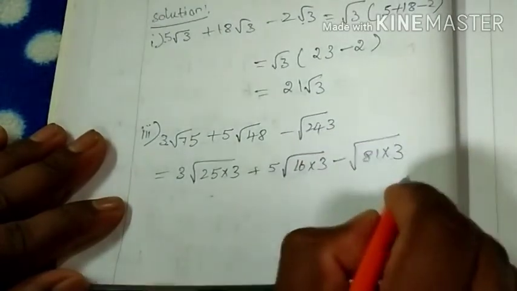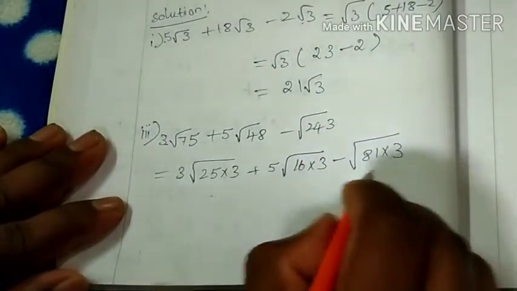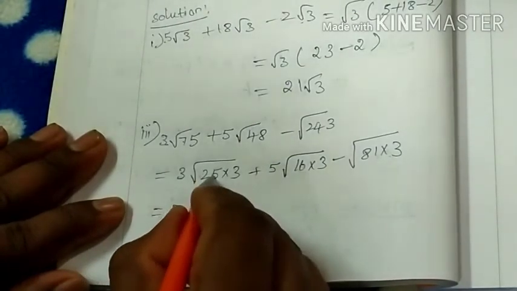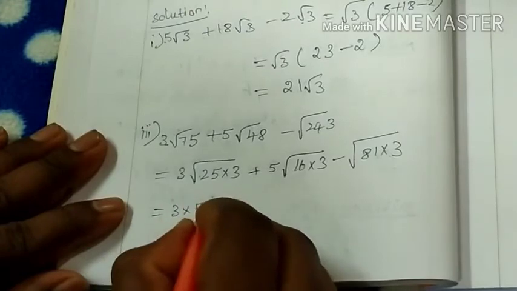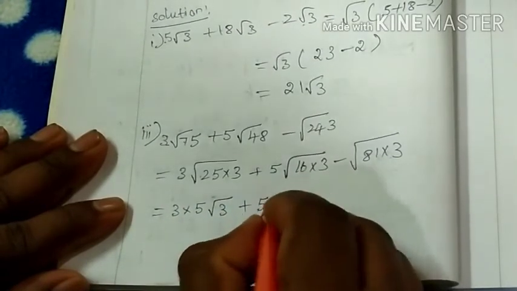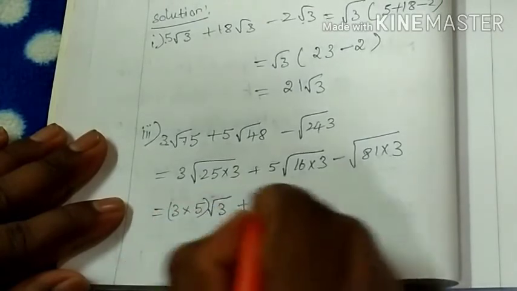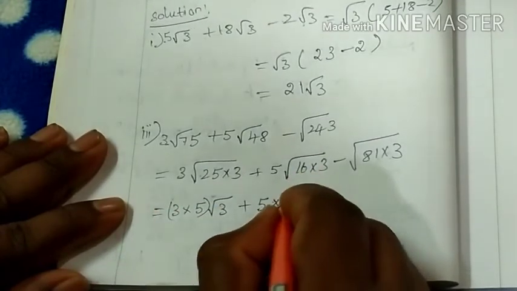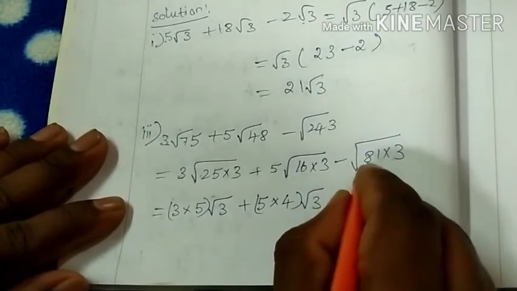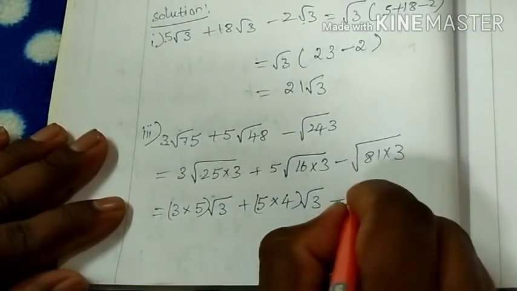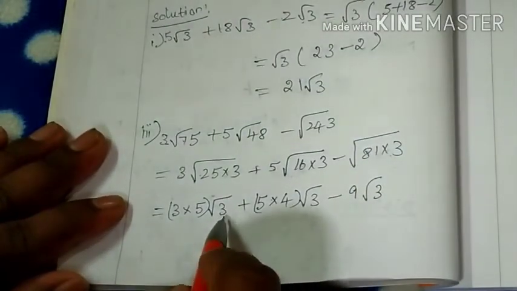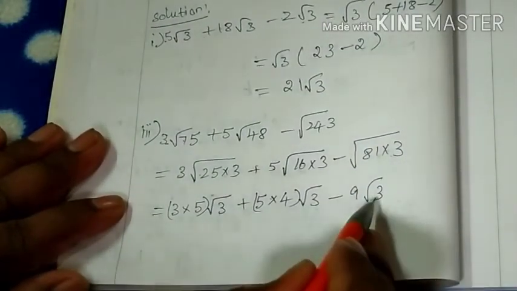81 3s are 243. Which is equal to 3 into the square root of 25, which is 5, then root 3, plus 5 into the square root of 16, which is 4, 4 4s are 16, into root 3, minus the square root of 81, which is 9, into root 3. Now we get the like surds: root 3, root 3, root 3.